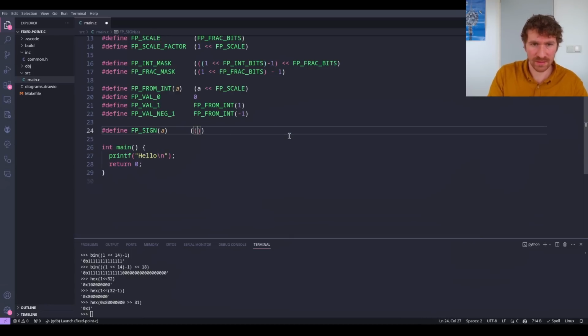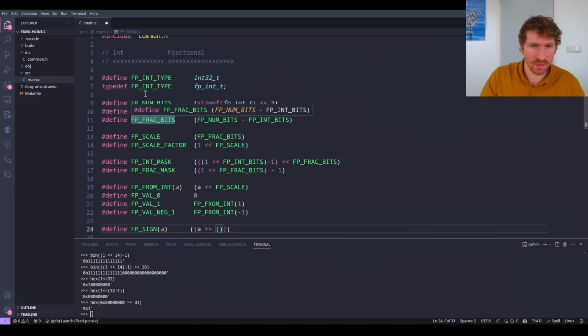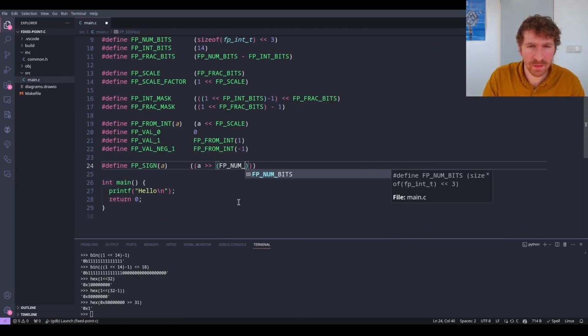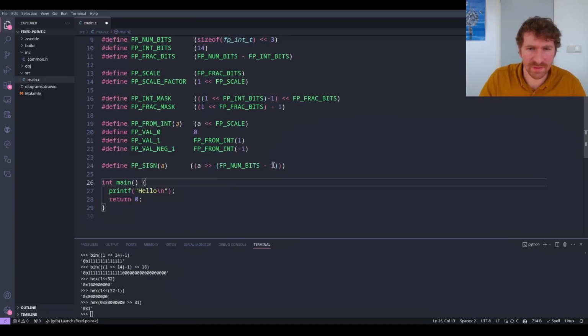Let's take A shifted down by the number of integer bits we have, minus 1. That gives us our number, and then let's make sure that there's only a single bit here. So that's what we do there.